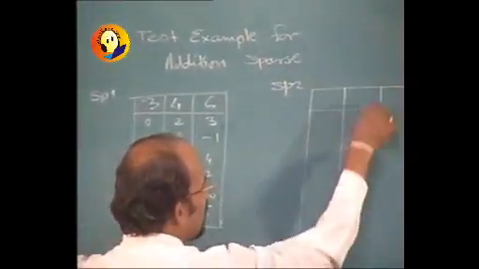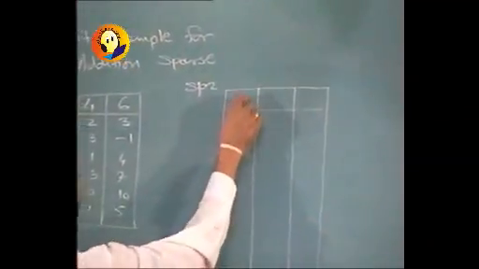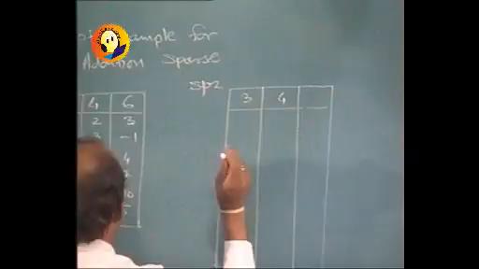Then let us consider the example for addition of two sparse matrices.